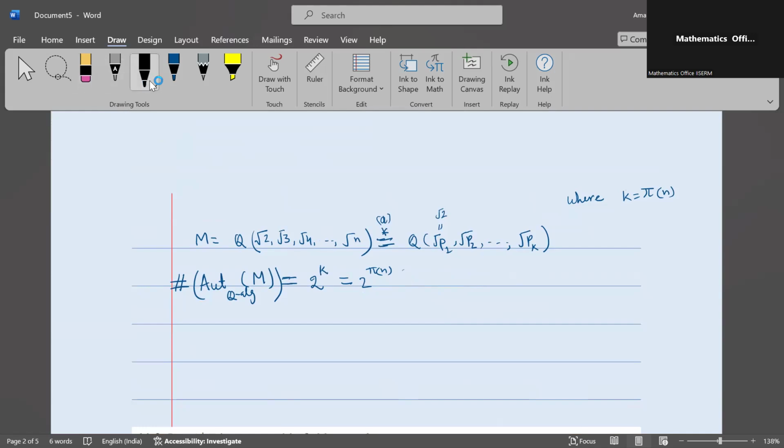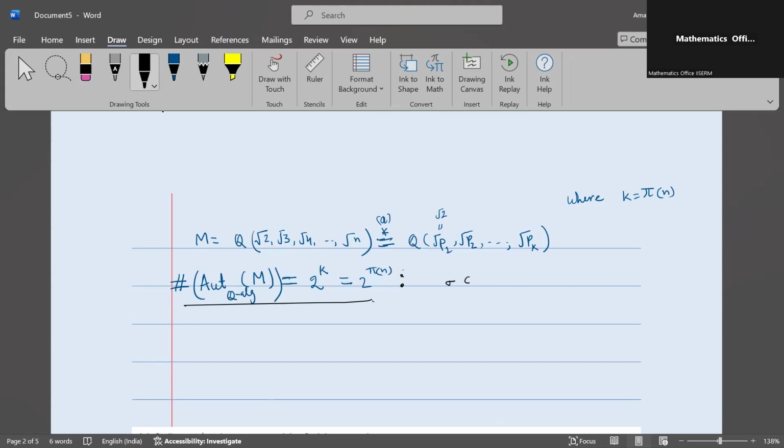This is clear. Why? Because let me write, any sigma which is an automorphism of it.